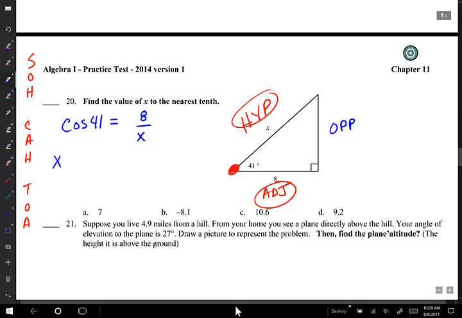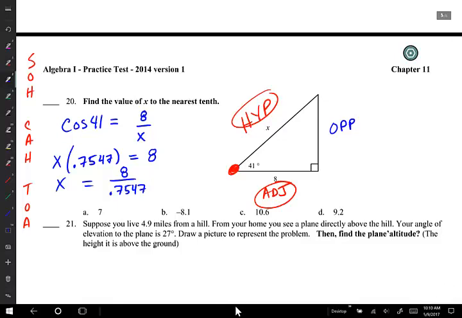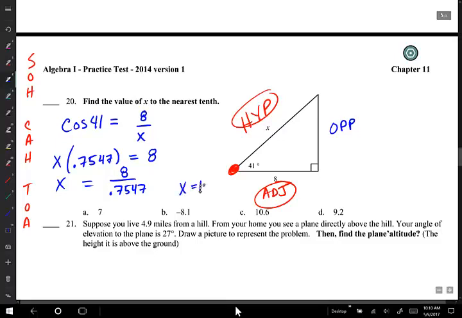So x times the cosine of 41, which I'm typing in my calculator, which is 0.7547, equals 8. And to solve this, I'm going to divide both sides by 0.7547. So 8 divided by 0.7547 gives me 10.6. And there we go, 10.6.